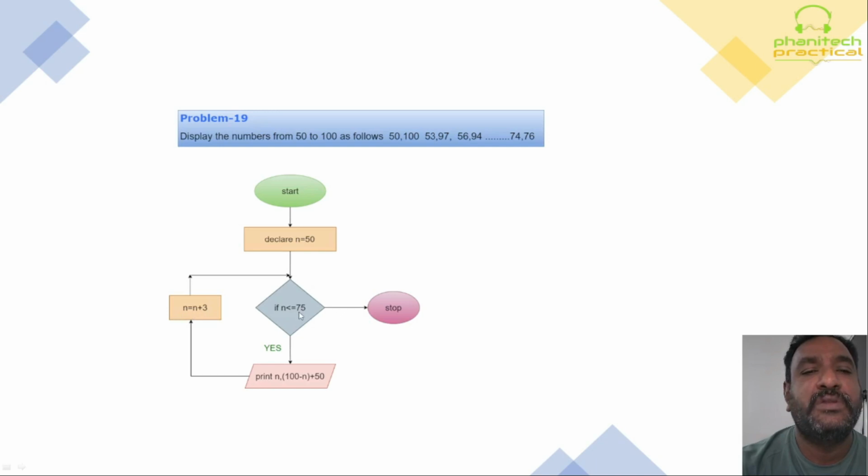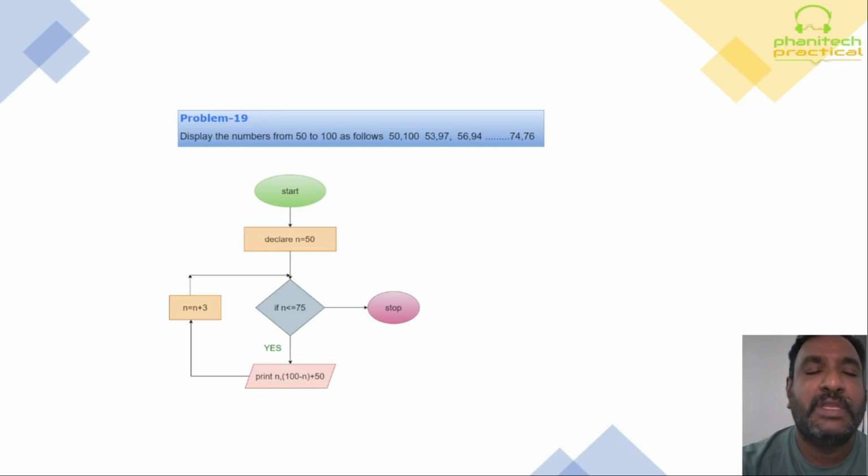62 less than or equal to 75. 62 is displayed. 100 minus 62 becomes 38. 38 plus 50, 88. Same thing, 62 plus 3 is 65. 65 less than or equal to 75, the primary condition is true. 65 is displayed. 100 minus 65 becomes 35. 35 plus 50, 85.